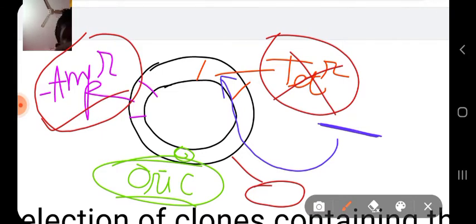But if we culture the cells in ampicillin medium, they will survive because that gene is still active.